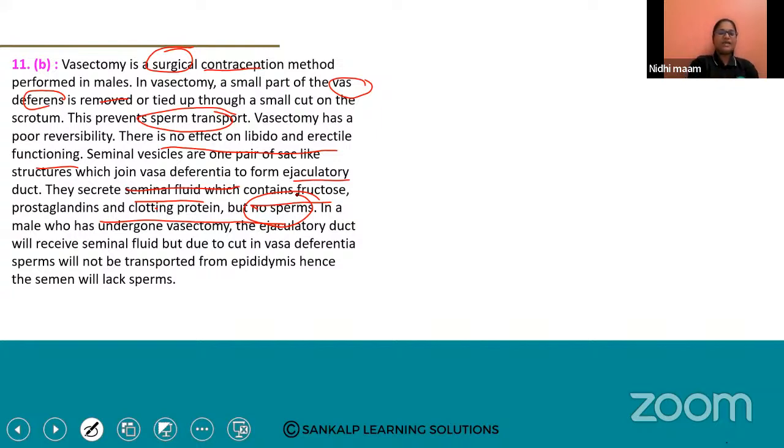In a male who has undergone vasectomy, the ejaculatory duct will receive the seminal fluid, but due to the cut in vasa deferentia, sperms will not be transported from the epididymis. Hence, the semen will lack the sperms. This is regarding vasectomy. Next question.